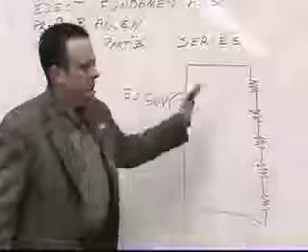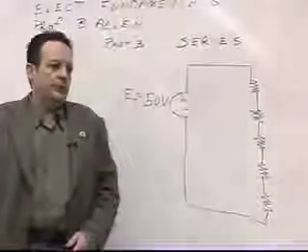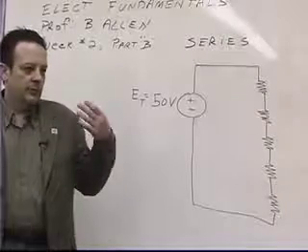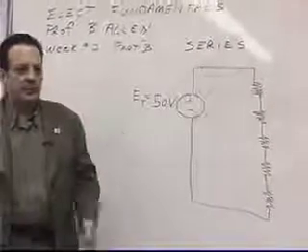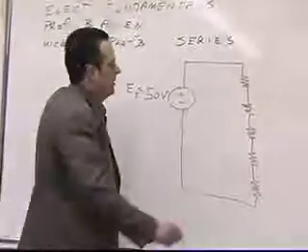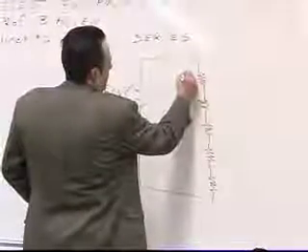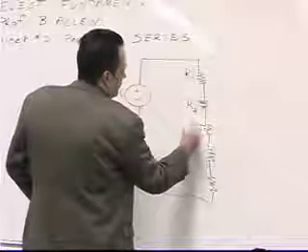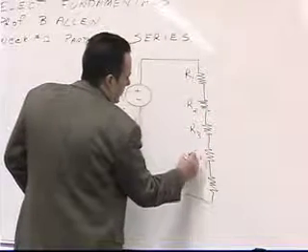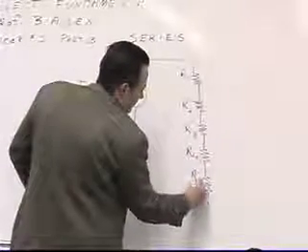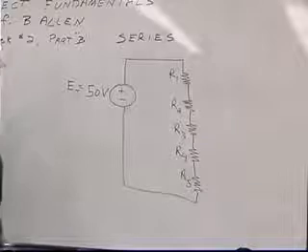Now remember, these resistors all represent loads, and they could be anything from a microwave oven to a toaster to a space heater to anything that you can imagine. So we're going to label these loads as resistor 1, resistor 2, resistor 3, resistor 4, and resistor 5.